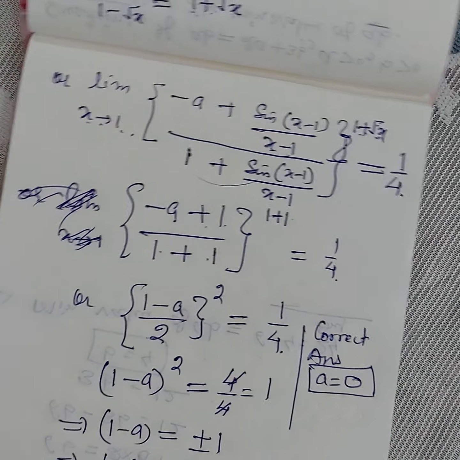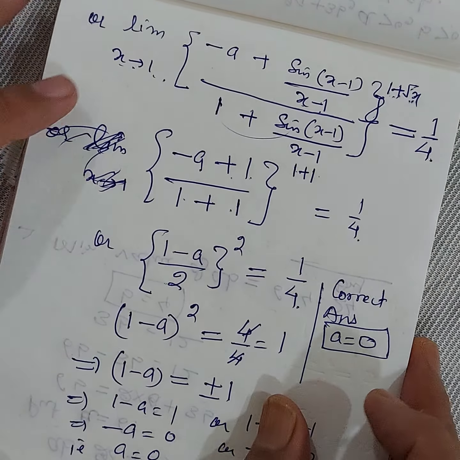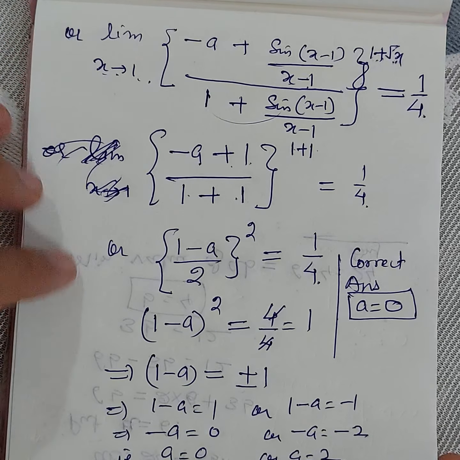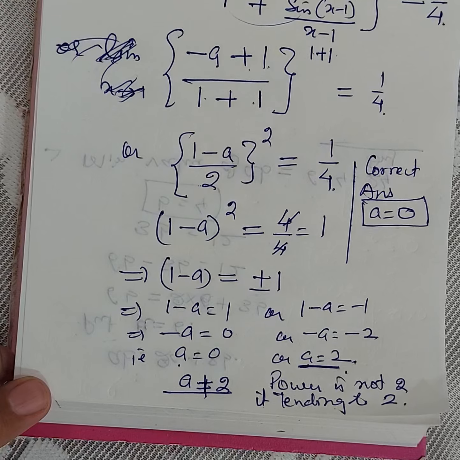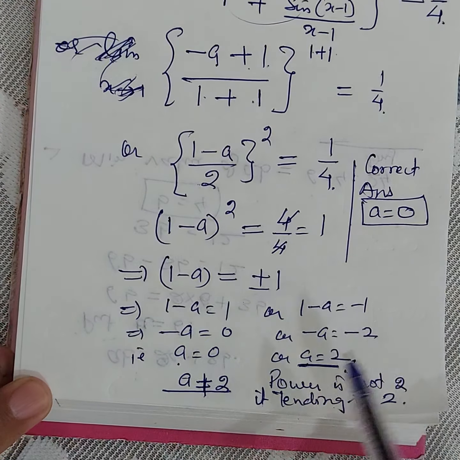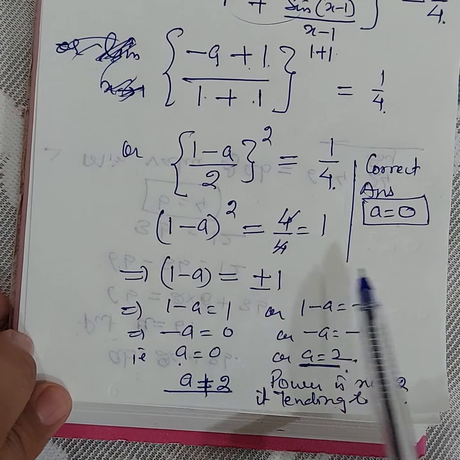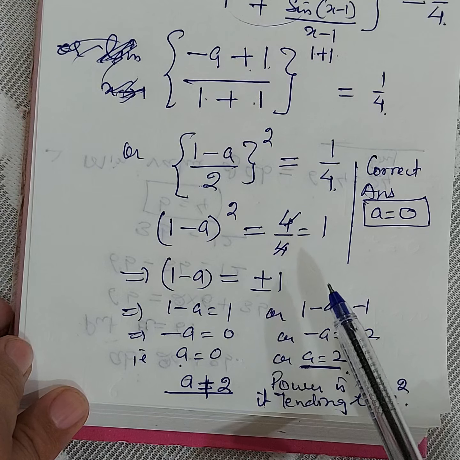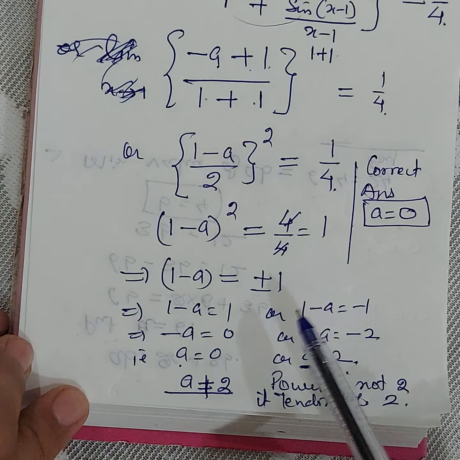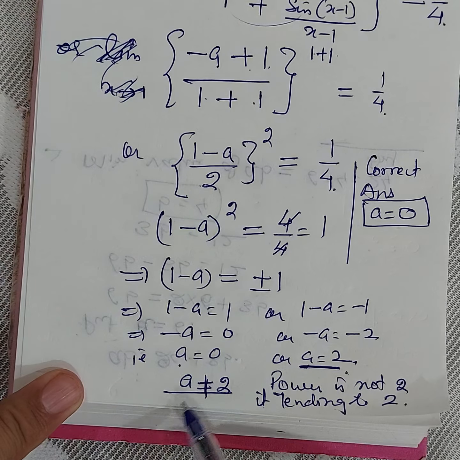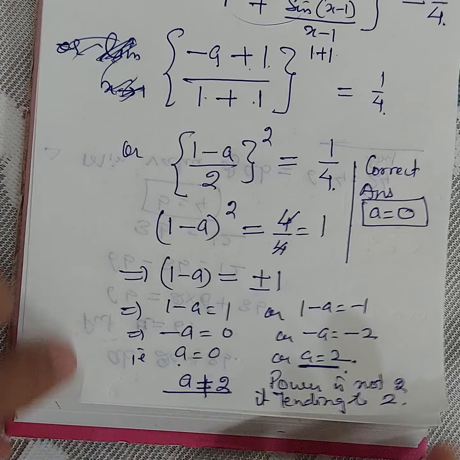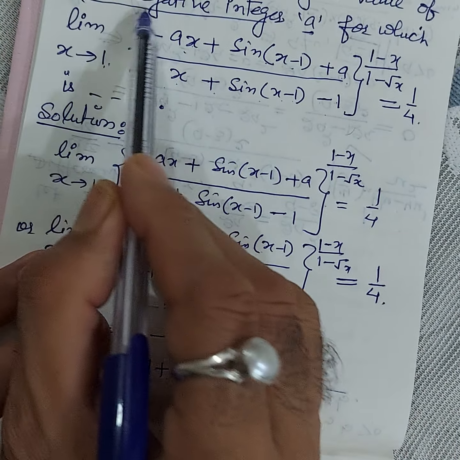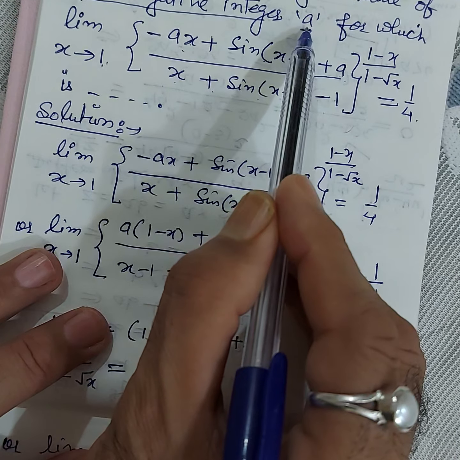This question has been asked in JEE Advanced 3 times, and it is very interesting that this question was repeated 3 times. The question asked for the largest value of the non-negative integer a.